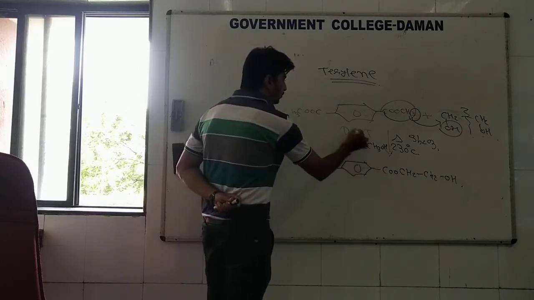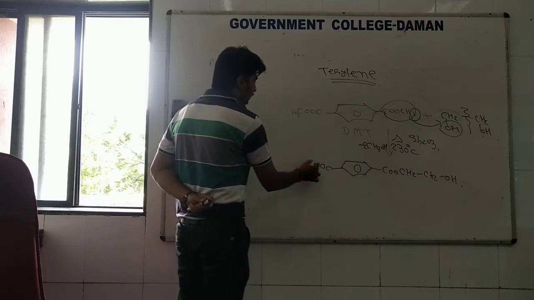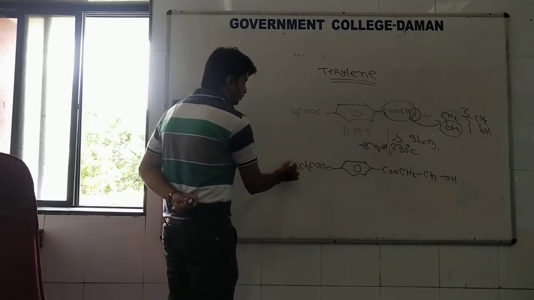That means 2 moles of methanol will be removed, giving COOCH2CH2OH.